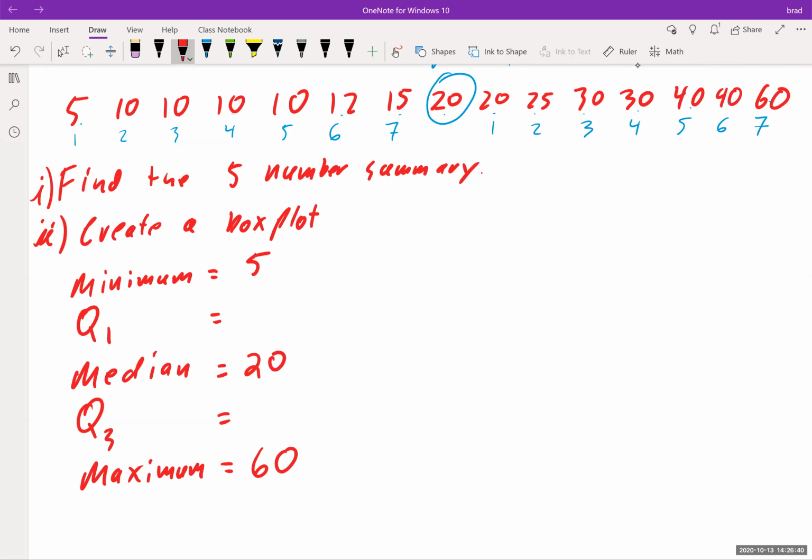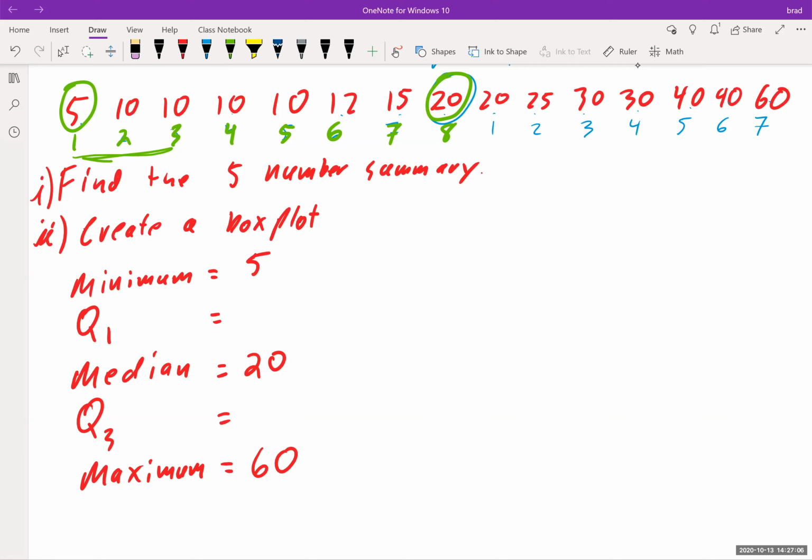So in order to find Q1 and Q3, what you do is you find the median between 5 and 20. So you find the median of that. So let's see how many values we have. 1, 2, 3, 4, 5, 6, 7, 8. So now we have an even number. Okay. Now the good news is we're going to get kind of lucky. That means that we're going to go 3 here and 3 here.